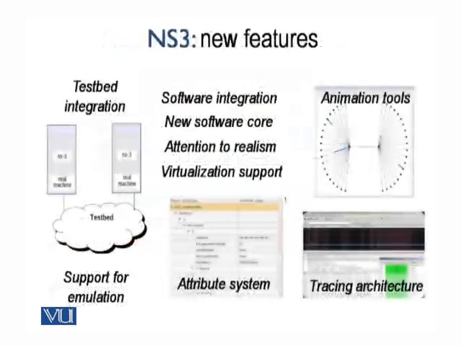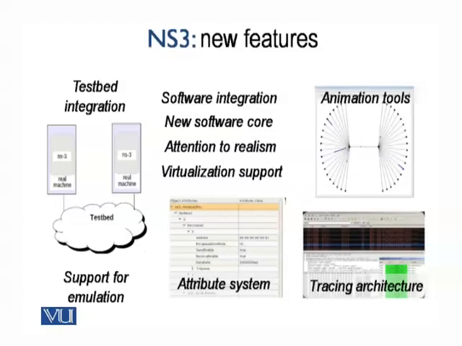The slide that you can see on the screen now summarizes the main features of NS3. We've seen that there is an explicit design consideration of testbed integration, and we want to support emulation, because using emulation we have increased realism along with repeatability.